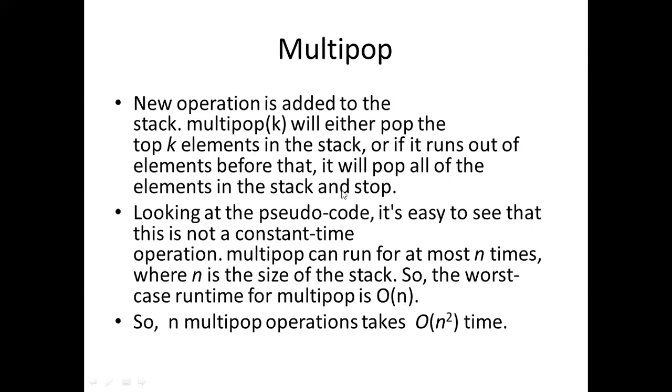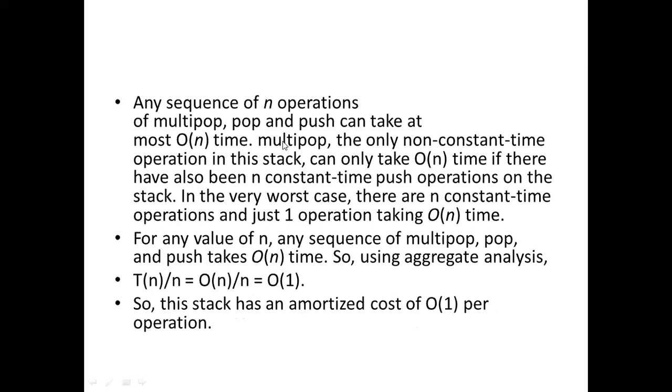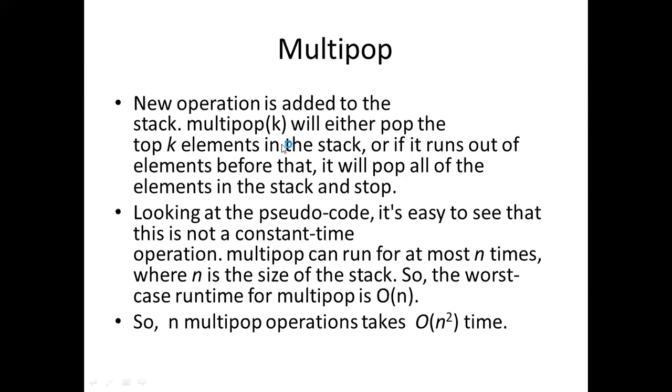Multi-pop of S comma k, or multi-pop of k, indicates that multiple elements are removed from the stack, that is, k elements are removed. In the worst case, k equals n, meaning n elements are removed from the stack.